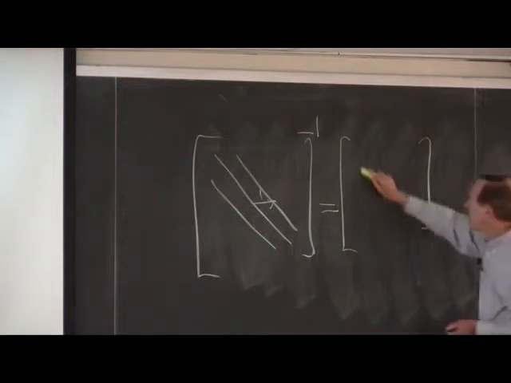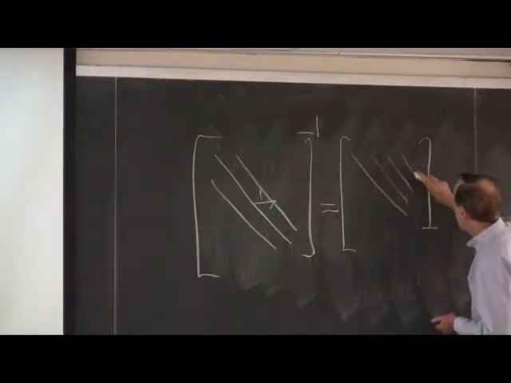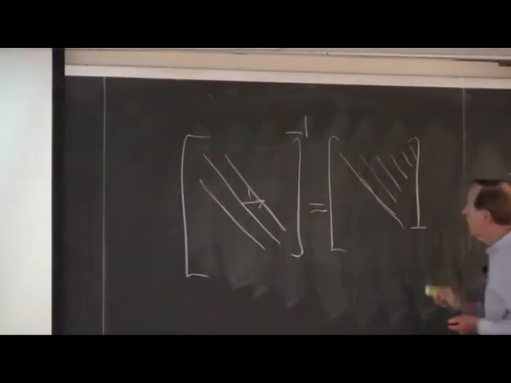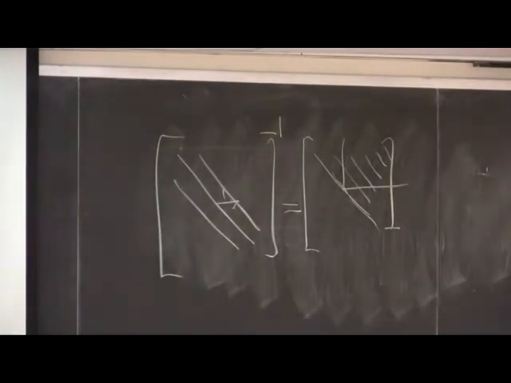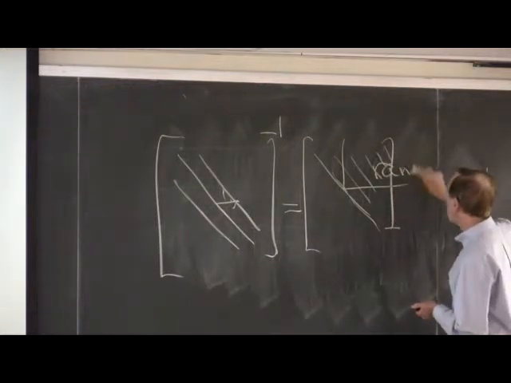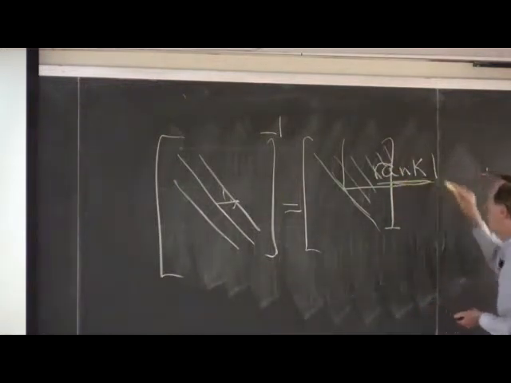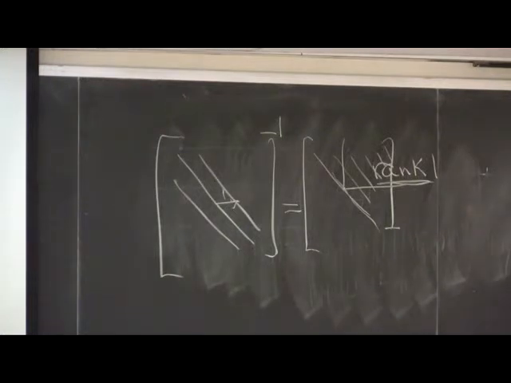And that property is that, say I look at the upper triangular part of the matrix and take any submatrix here, like so, the rank of that submatrix is 1. This is a fact about inverses of band matrices.